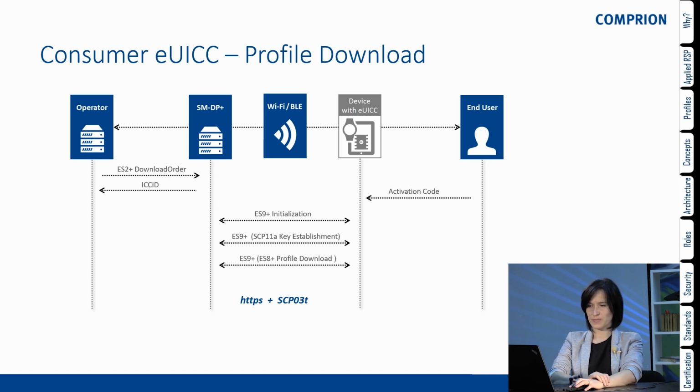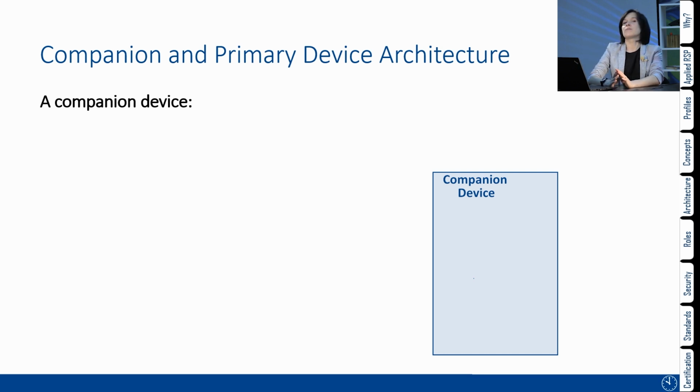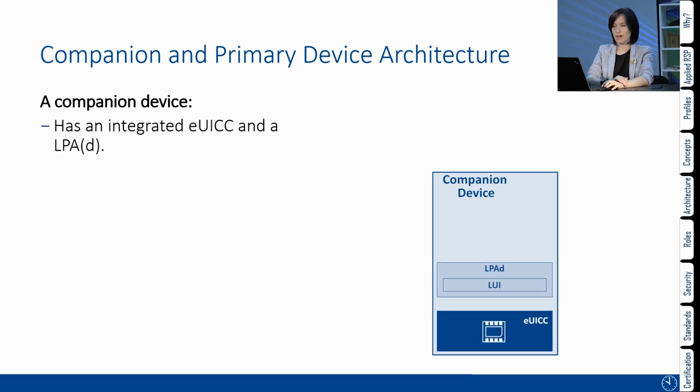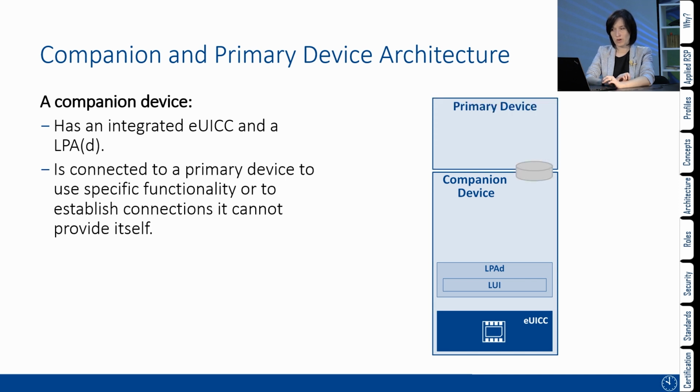That's it. Since we had this example with a smartwatch as a companion device, let's take a look at the architecture and what is defined. A companion device has an integrated eUICC and LPA, and is connected to a primary device to use specific functionality or to establish connections it cannot provide by itself. For example, we had this QR code scanner.